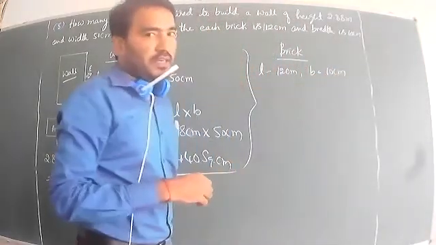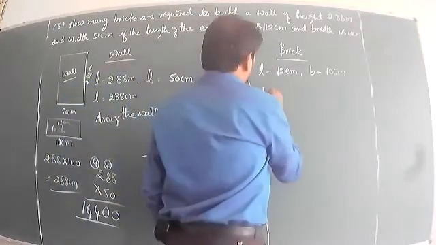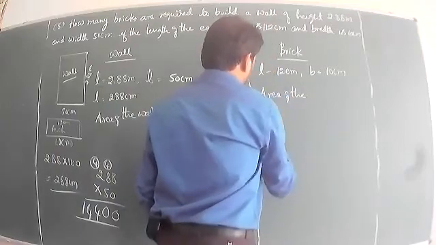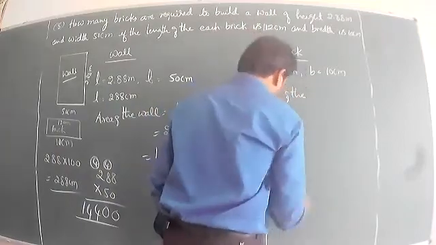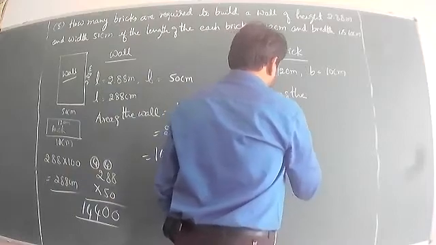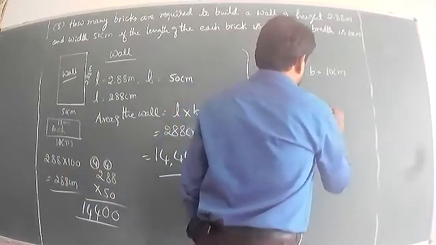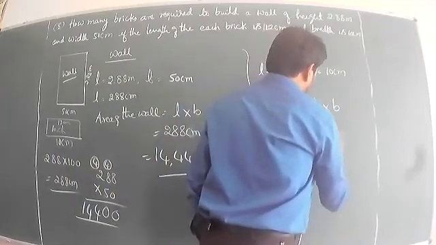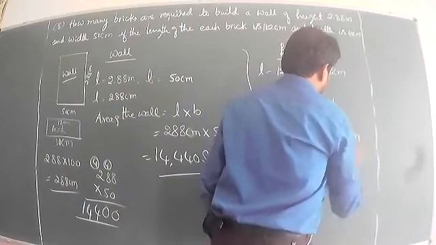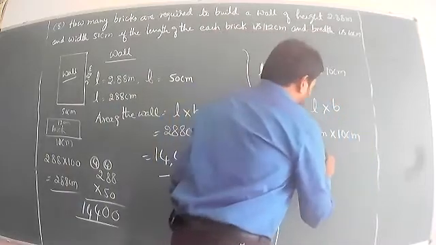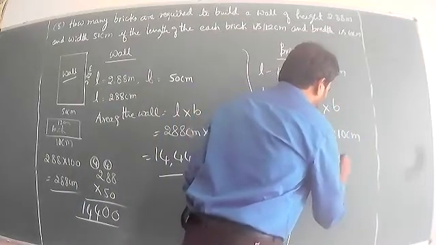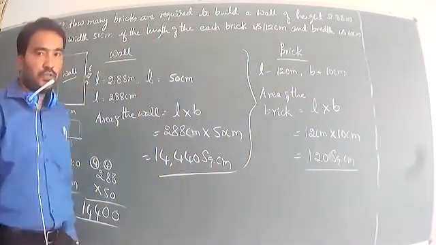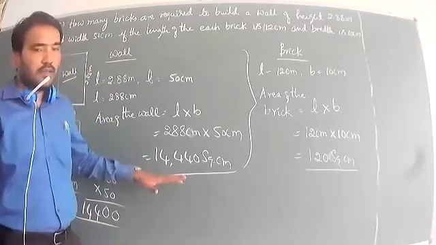Then we find the area of the brick: 12 centimeters times 10 centimeters gives 120 square centimeters. This is the area of the brick.